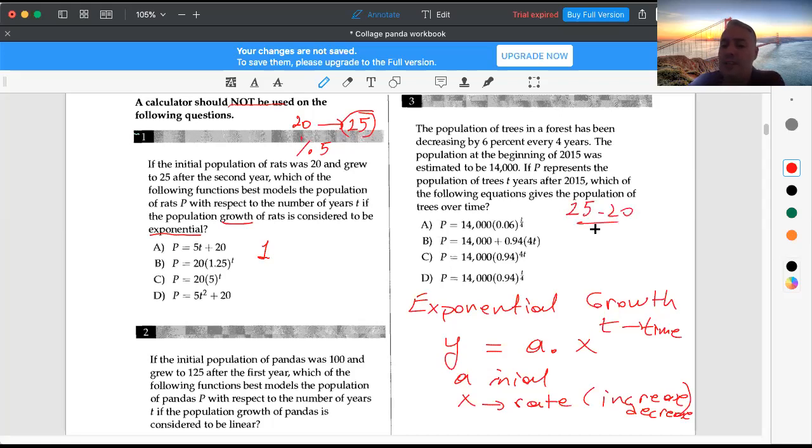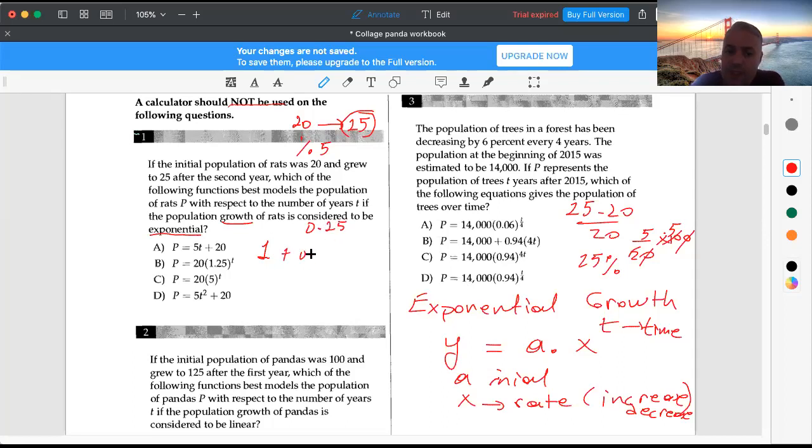25 minus 20 divided by 20, 5 over 20, right? Yes. And then 5 over 20, multiplied by 100, gives 25%. So how can I express 25%? 25% is 0.25, okay?